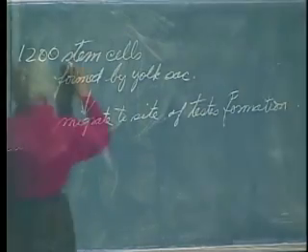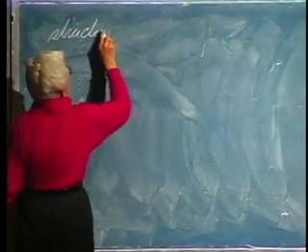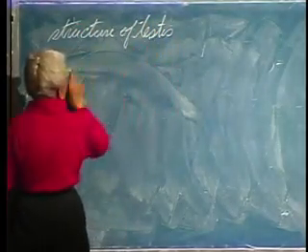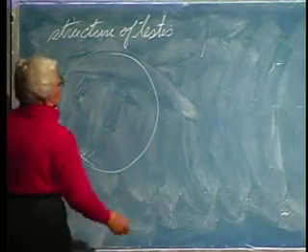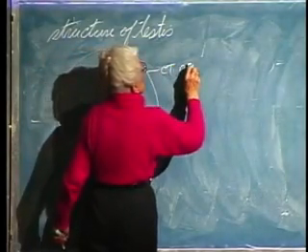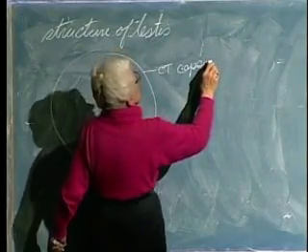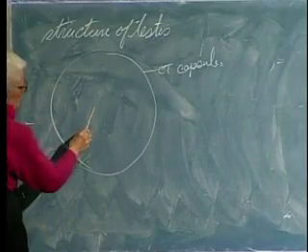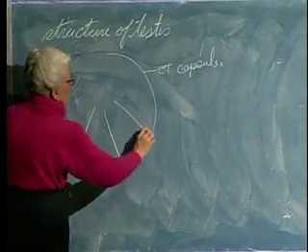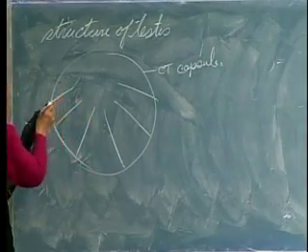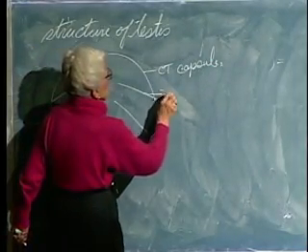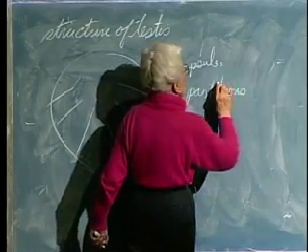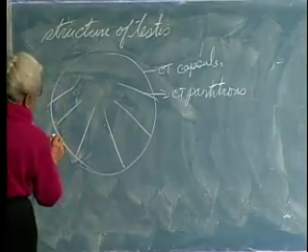We'll first show the structure of the testis. We'll again have a CT capsule, and we'll divide into lobules. We have CT partitions again, and this will be a lobule.